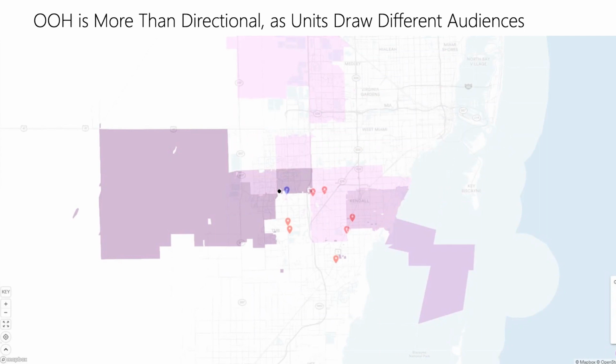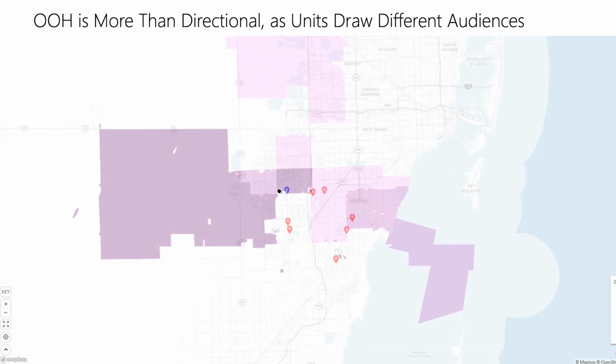So being able to map out the audience, yes, you have those 4 units that are close by, but does this help change the mindset around out of home, like, okay, even though it's just outside my office, I'm actually reaching people who live in a lot of different places?